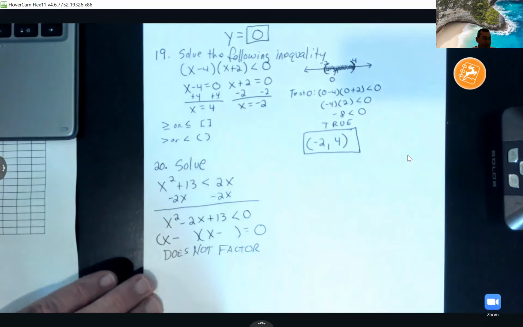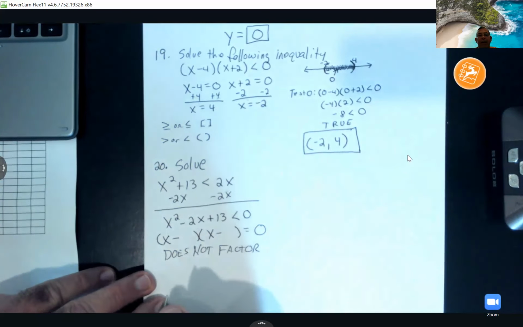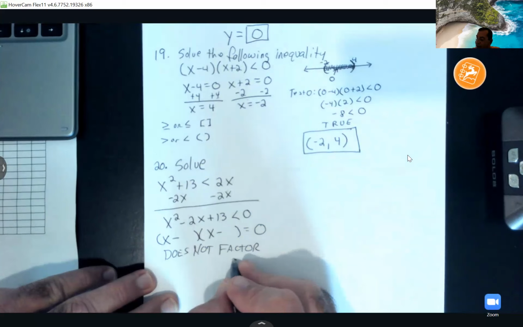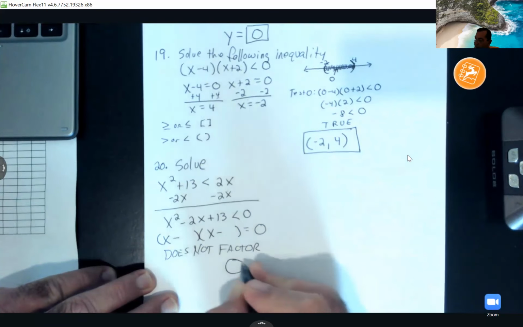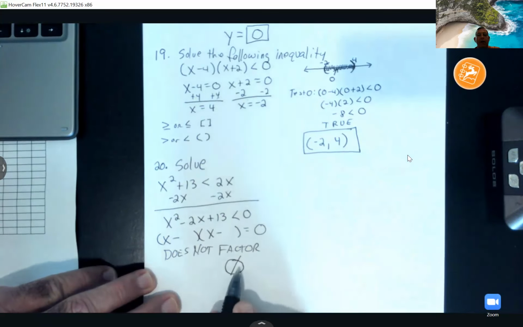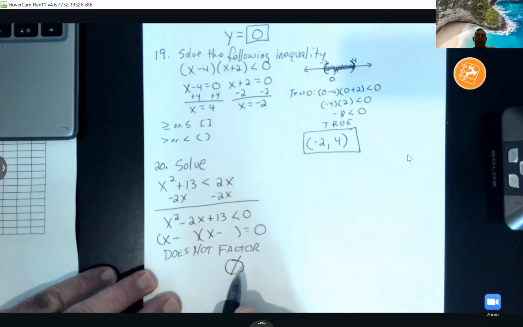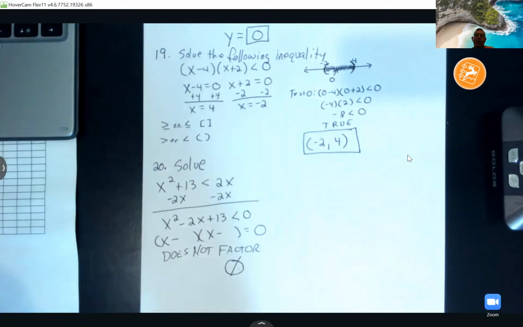So my answer is no solution, or what we call the empty set, because there's no answers that make that true.